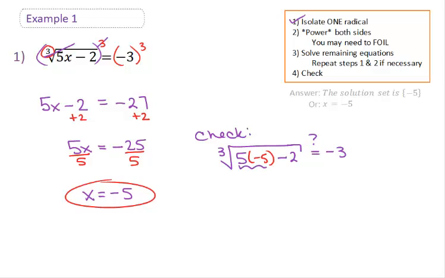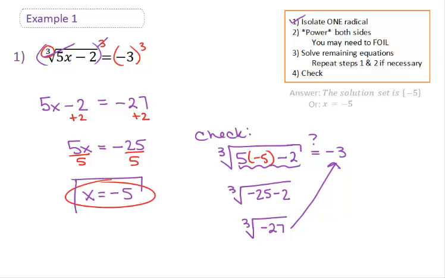So simplifying the inside of the root first gives you the cube root of negative 25 minus 2. And that gives you the cube root of negative 27. And of course, that is equal to negative 3. So this is an okay final answer. Or if it wants the solution set, you just put that answer in braces.